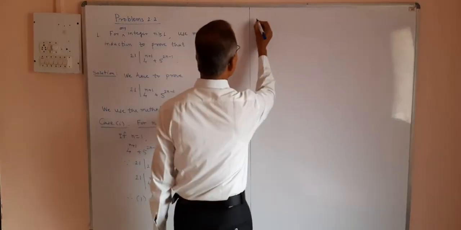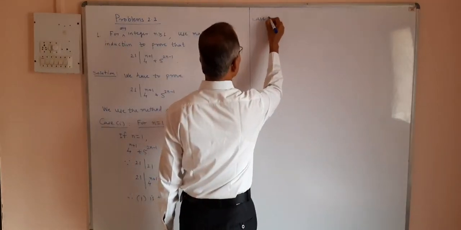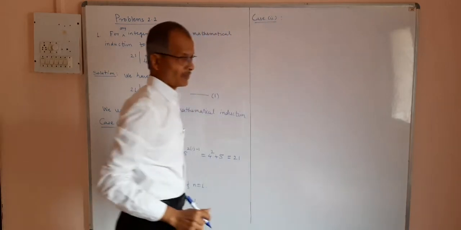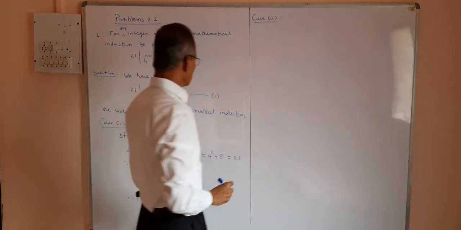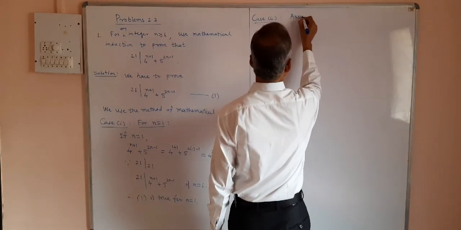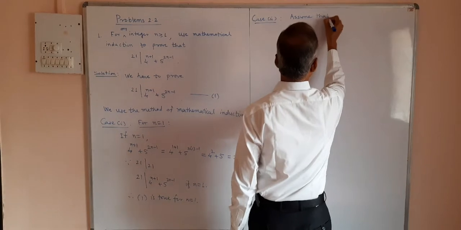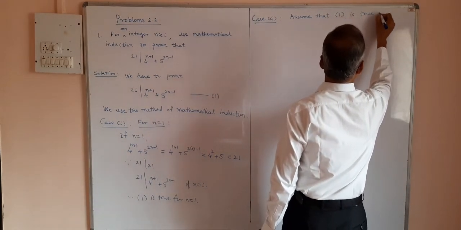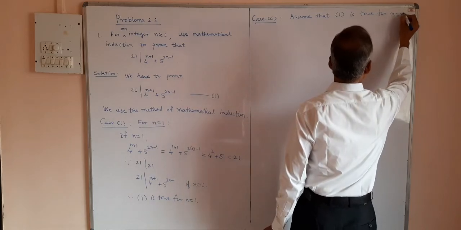Now the second case, the second step of mathematical induction. Step 2. Assume 1 is true for n is equal to m.